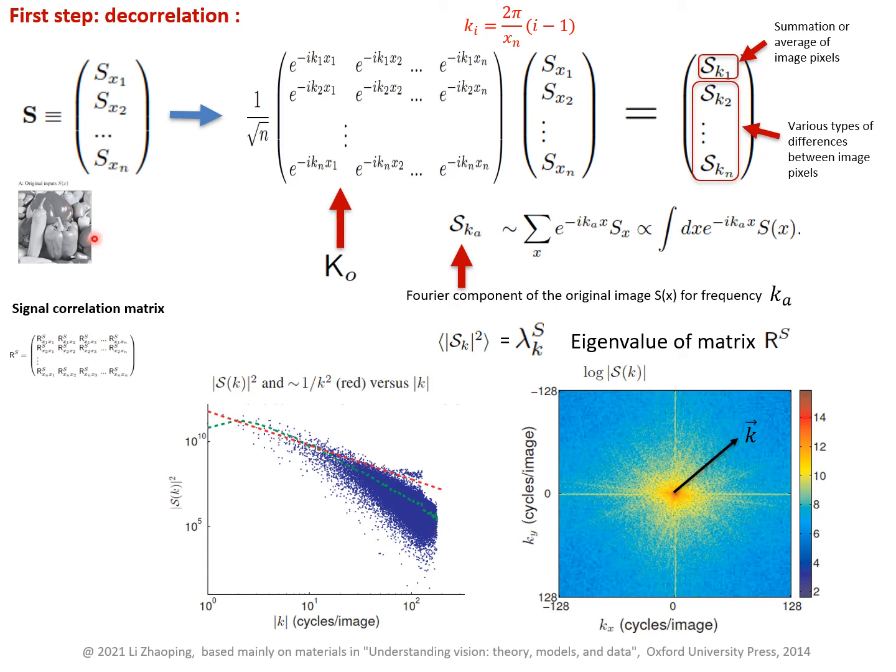If you then average over all images in natural scenes, you get this red curve. It goes as 1 over k squared, so it decays very quickly with frequency. This 1 over k squared trend signifies the scale invariant property of natural scenes. In a nutshell, the spectrum has the highest magnitude at the DC frequency and decays very quickly as the frequency goes up.